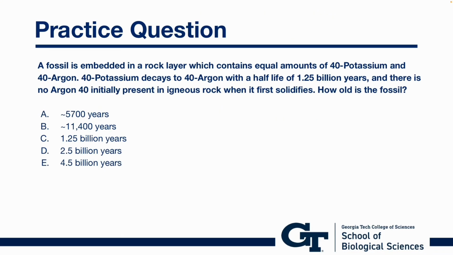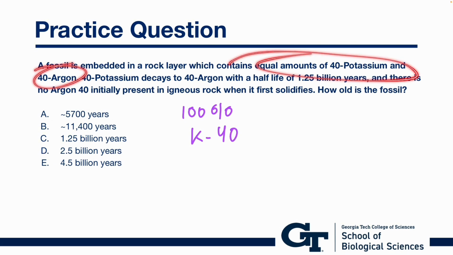In this case, we have potassium-40 and argon-40. Potassium decays into argon, and we have a half-life of 1.25 billion years. So if we have no argon initially present, at this point initially we have 100% potassium-40. At what point will we have equal amounts, so 50-50 potassium-40 and argon-40?